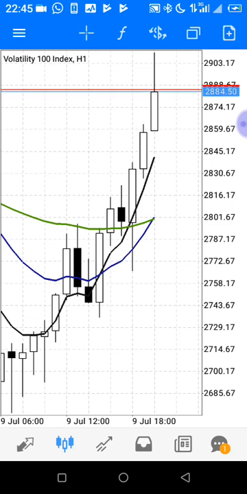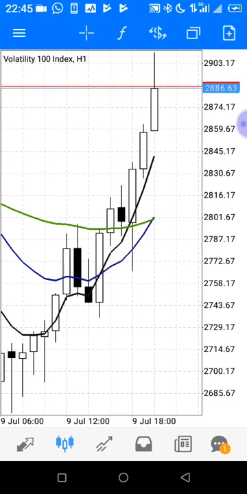The first condition, I'm going to start with selling. I'm going to start with how do you enter a short position. The EMA 60 in this case works as the direction of the trend.